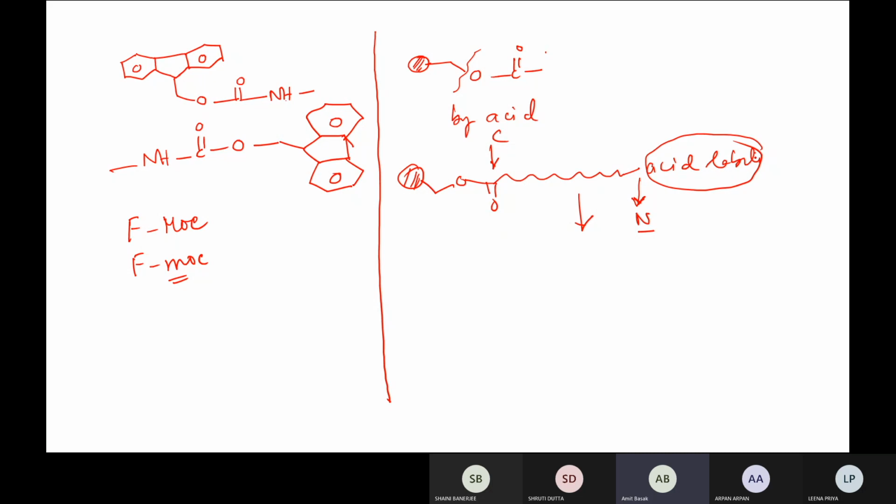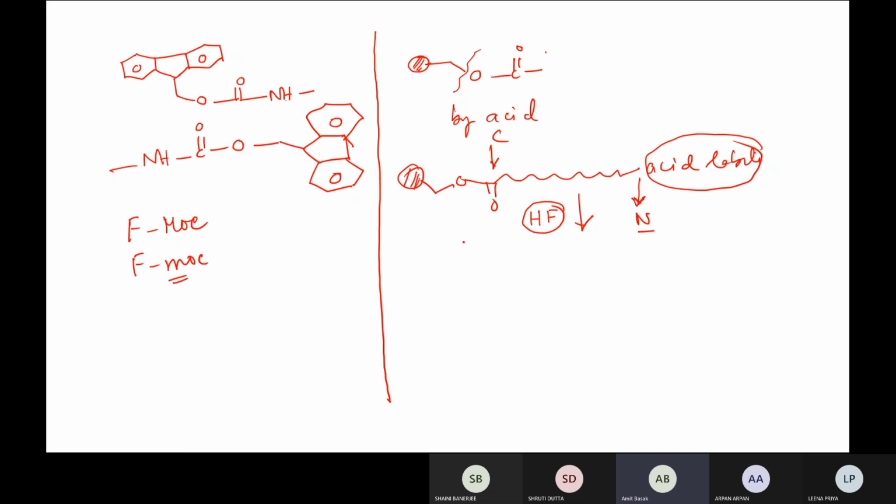So the N terminus amino acid should have a protecting group which is acid labile, like BOC, so that both these groups can come off with an acid. Usually at that point HF, hydrofluoric acid, is used.